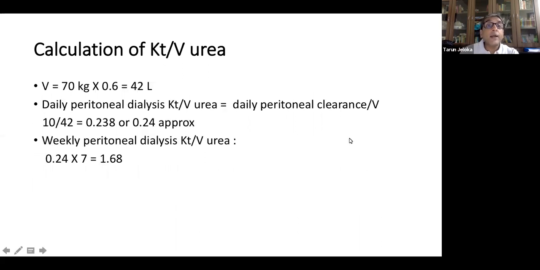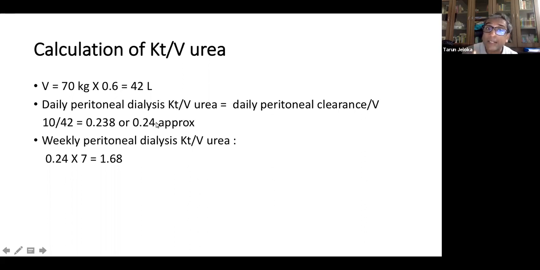And volume, how do you calculate volume? You can use Watson's formula, etc. But simply it is 0.6 into total body weight. That means 70 into 0.6 is 42 liters. So we have already calculated 10 liters divided by V. Kt divided by V, 42, is 0.238. And for understanding's sake, let us presume it is 0.24.